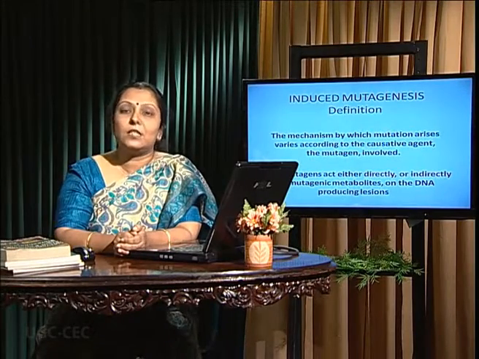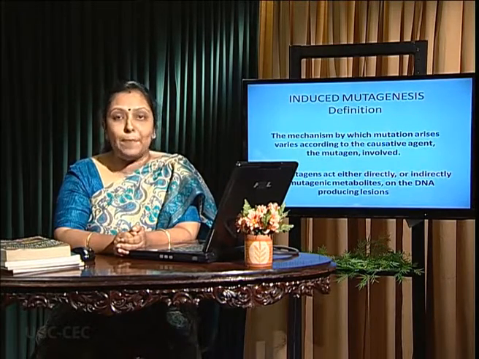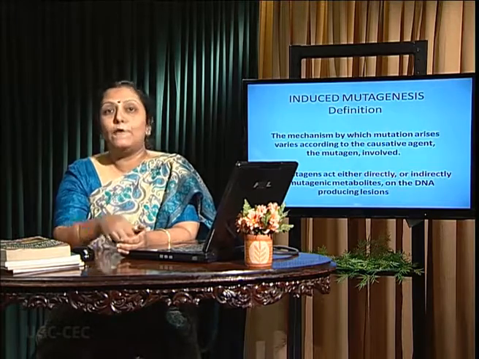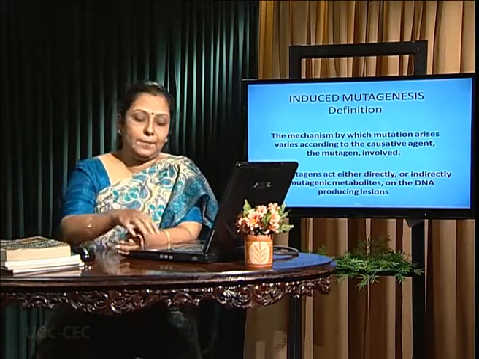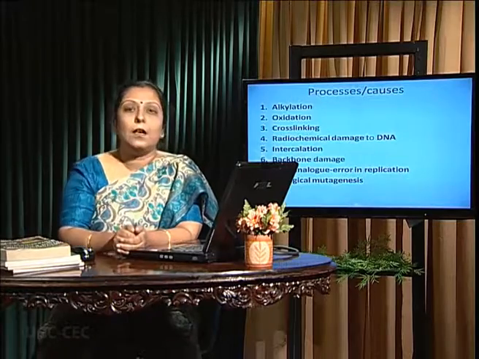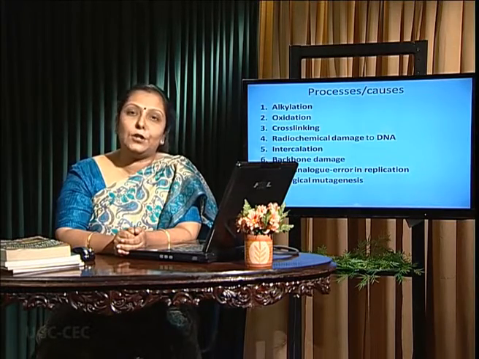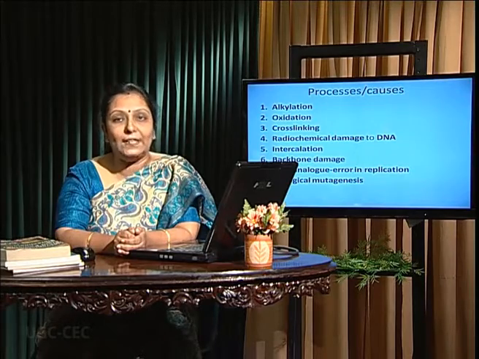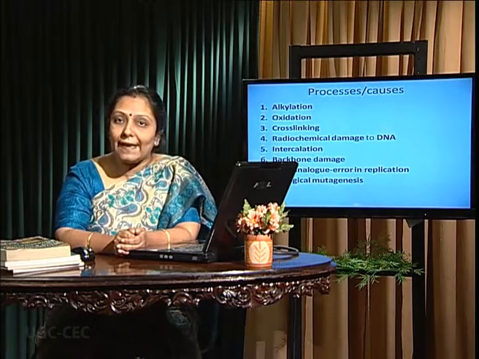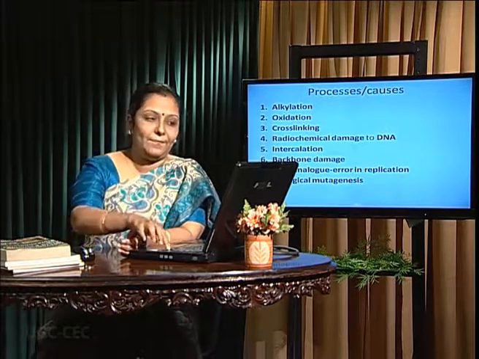Induced mutagenesis is caused by a mutagen, which may form directly or indirectly in in vivo systems. Processes include alkylation, oxidation, backbone damage, radiation damage, as well as biological insertion.